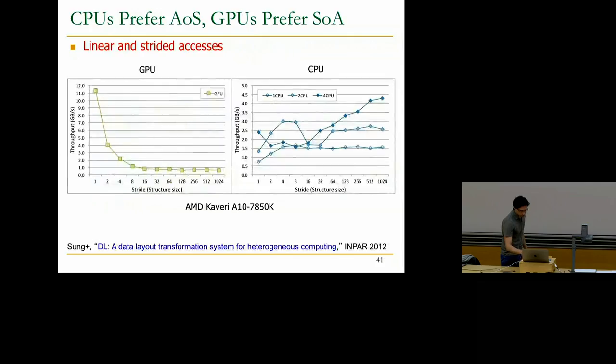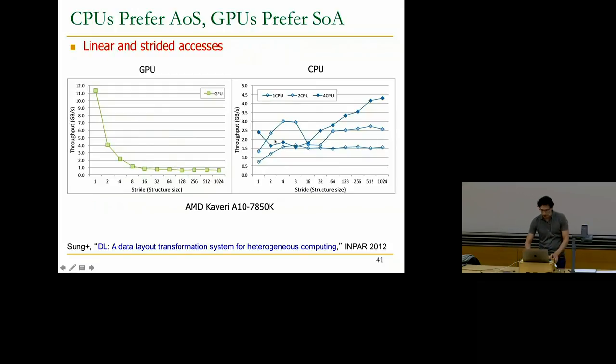As you can see, for these graphs, this is a throughput, so higher is better. And on the x-axis, what you have is a stride, the structure size. You can think about something similar to the 2 organizations that we have in the previous slide. And when this stride increases for the GPU, the throughput goes down dramatically.